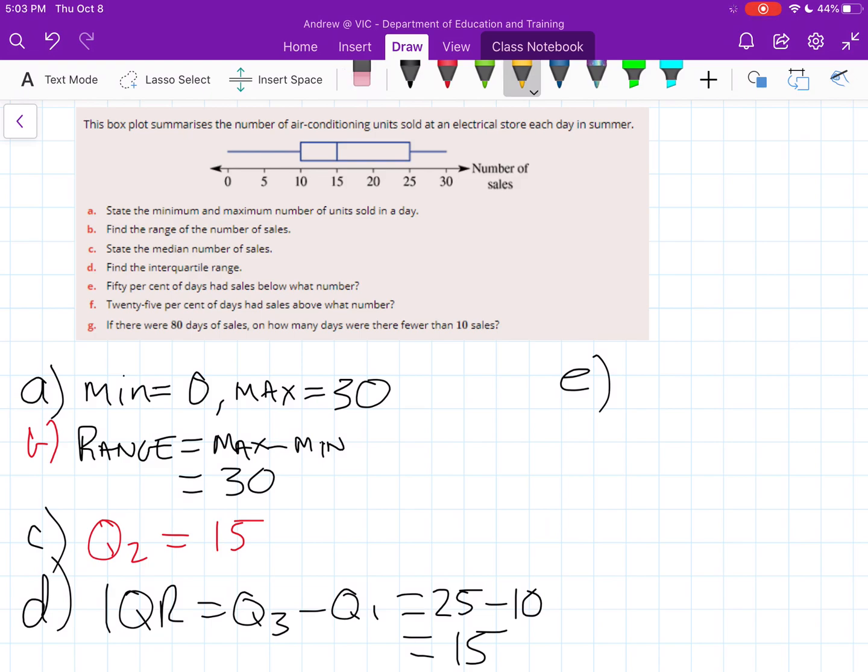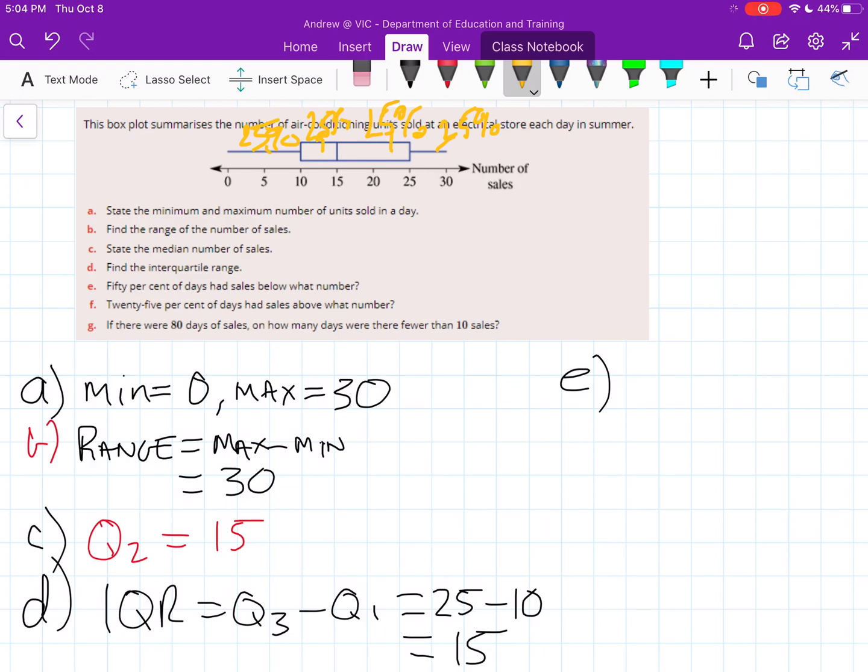So this line here, that's 25% of the data. This first section of the box is 25% of the data. This second box here is 25% of the data. And finally, this line is another 25% of the data. So that's that line, that box, that box, and that line.